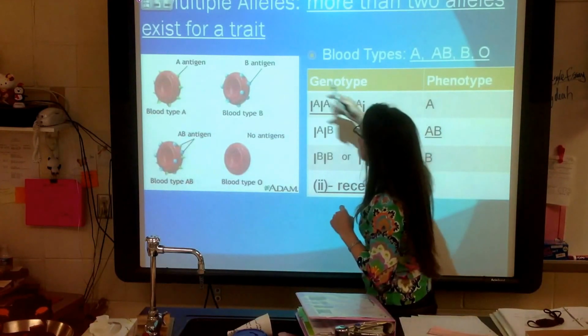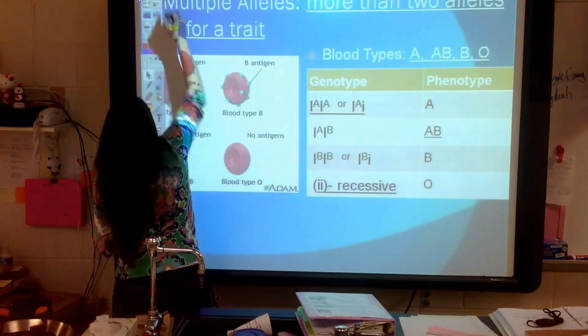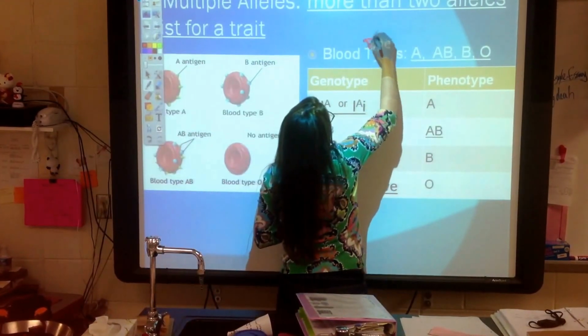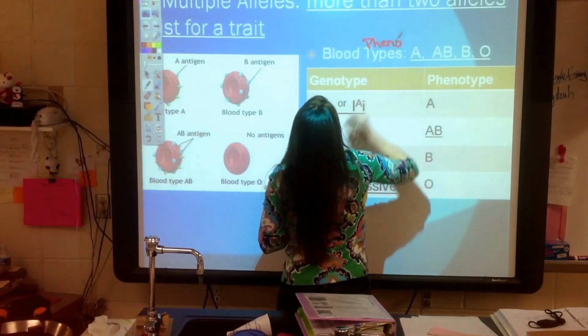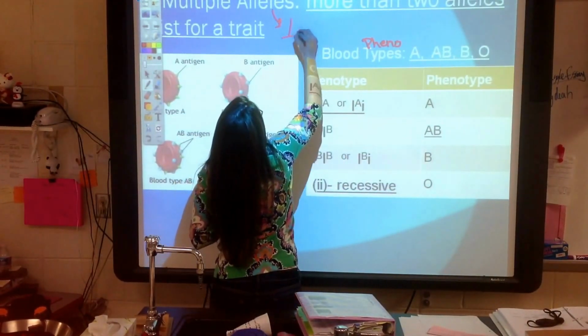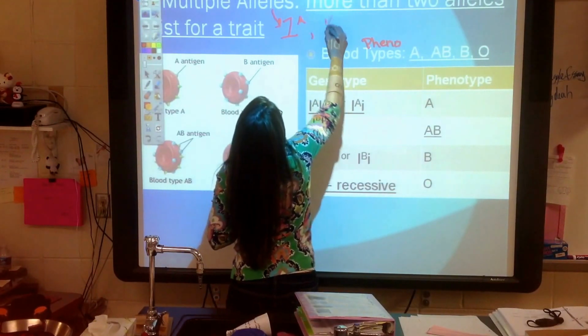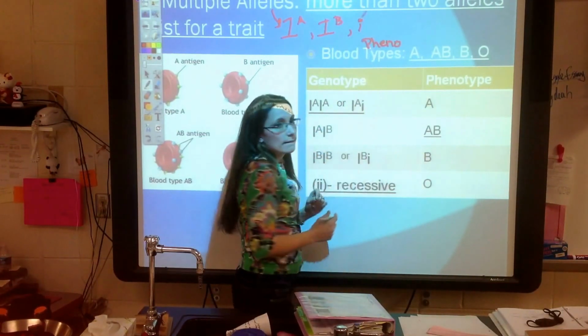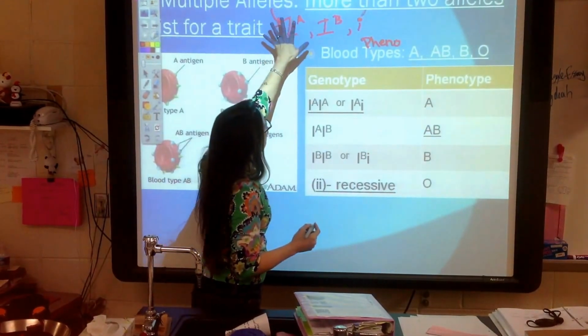So for example, in blood type, these are the blood phenotypes. But the blood type alleles are IA, IB, and little i. So you can see that there's 3 alleles.